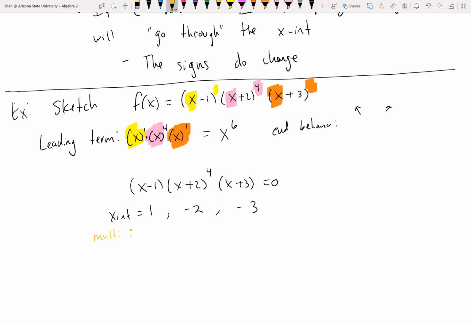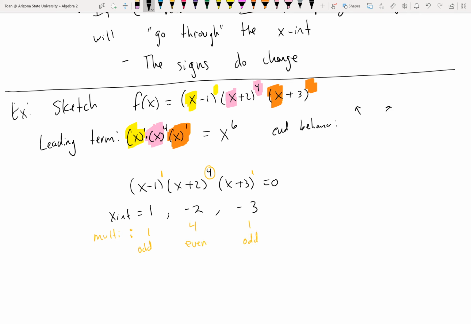Now, the multiplicities in factored form are simply the exponents. So here, I have an exponent of 1, so it has a multiplicity of 1. Here, it has an exponent of 4, so it has a multiplicity of 4. Here, it has an exponent of 1, which is a multiplicity of 1. And I really don't care what the number is. All I care about is if it's even or odd.